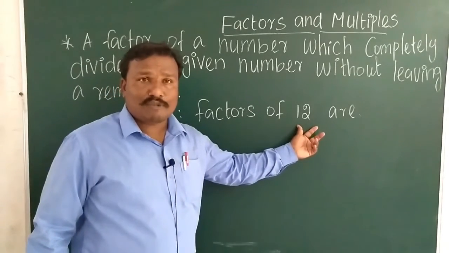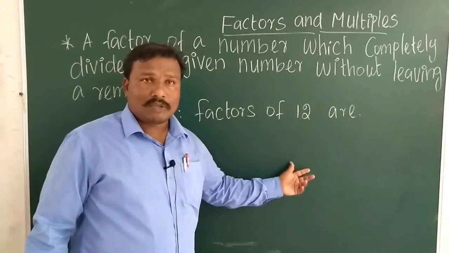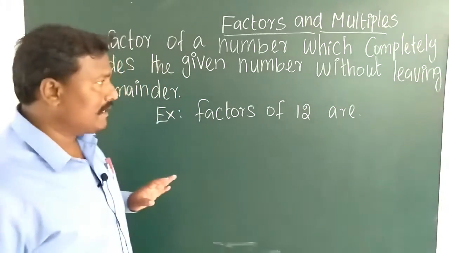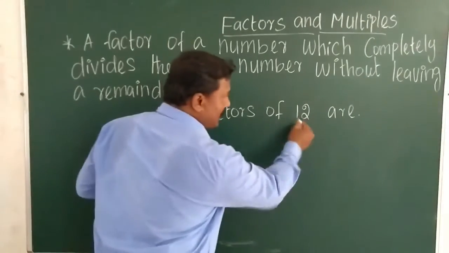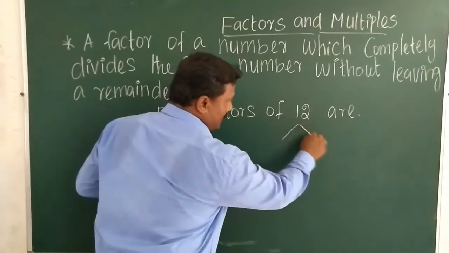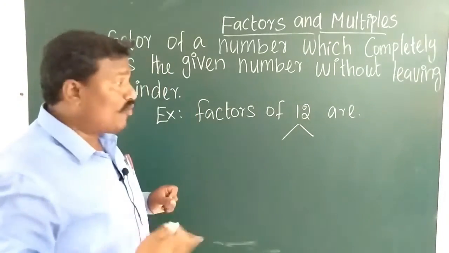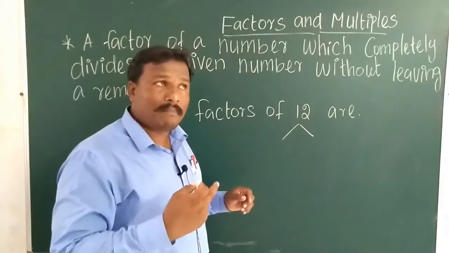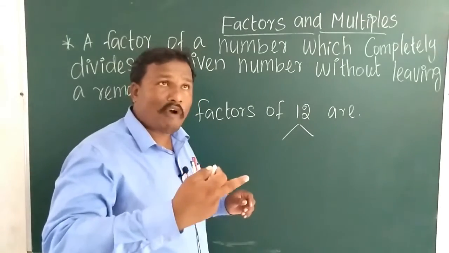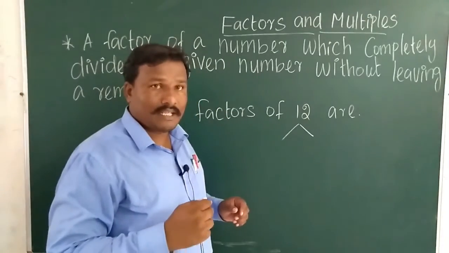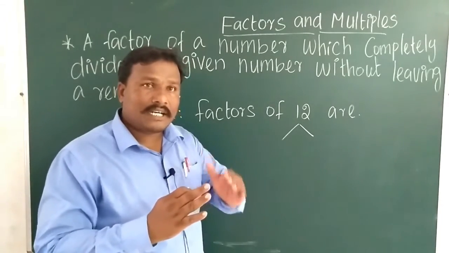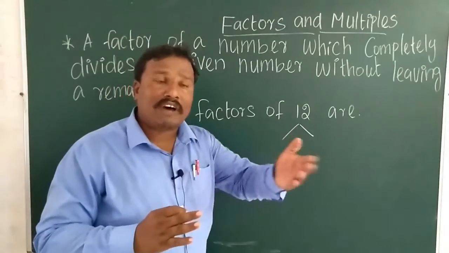The factors of 12 are the numbers that divide it exactly. Which pair of numbers gives a product of 12?